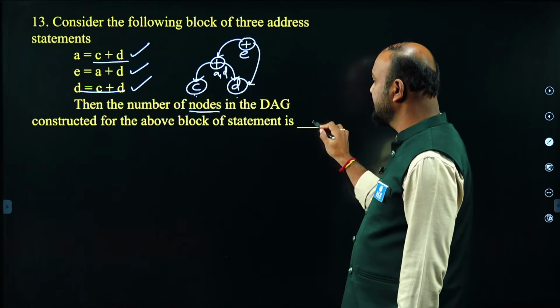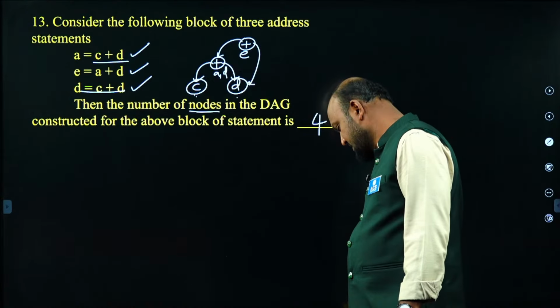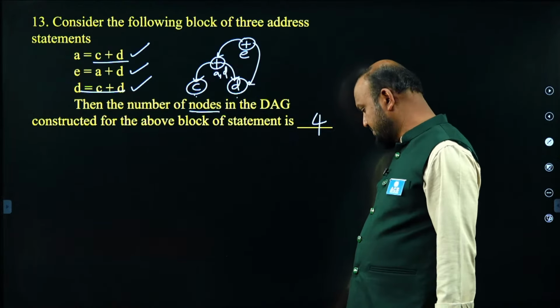So how many nodes are there? 4 nodes are there, right? That's perfect.